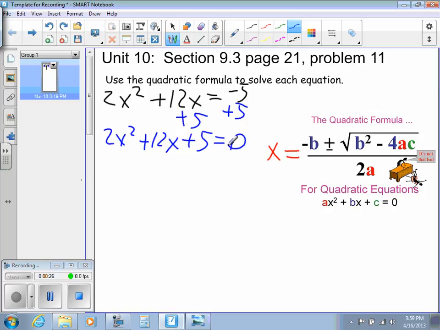Now, notice with the quadratic formula, there's an x equals out here. I'm not going to write that part as I go along, but at the end we need to remember that it's x equals negative b plus or minus the square root of b squared minus 4ac all over 2a.